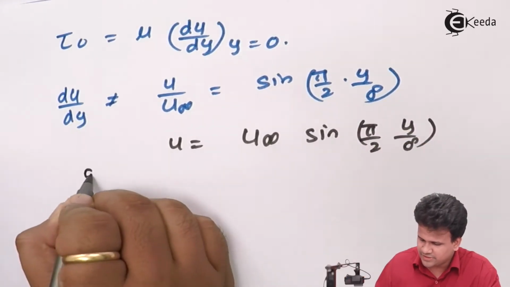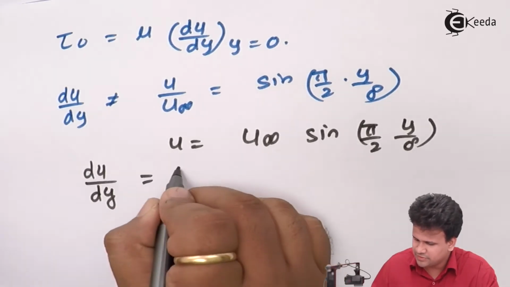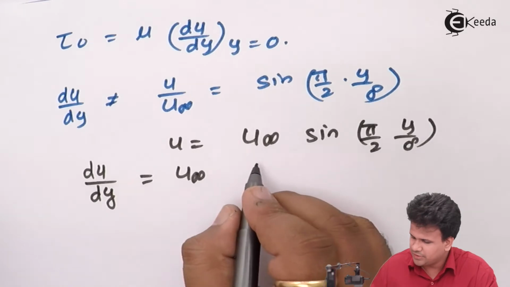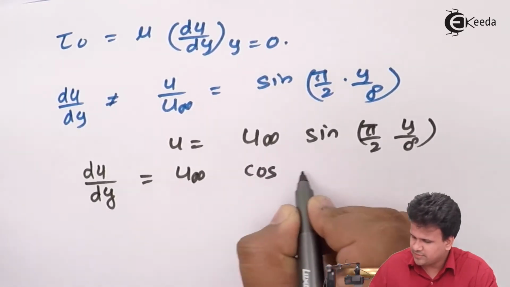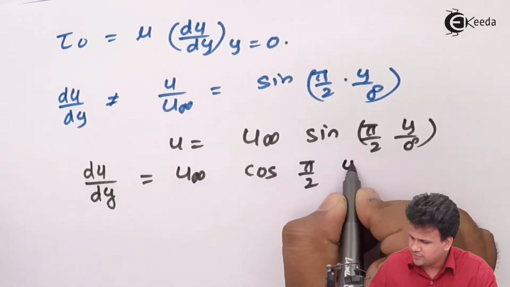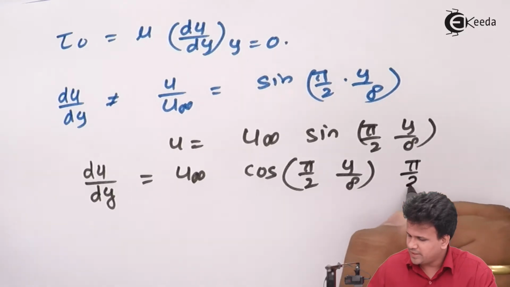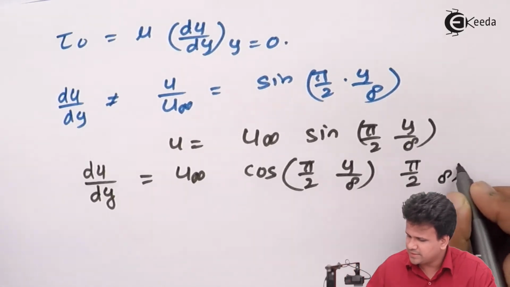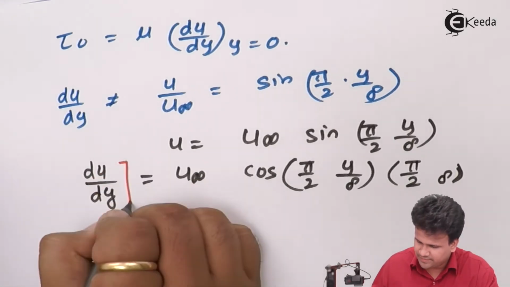Let us differentiate this. du by dy is equal to u infinity into, the integration of sine is cos, pi by 2 y by delta into pi by 2 delta. So we have to substitute y equals 0 in this entire part.